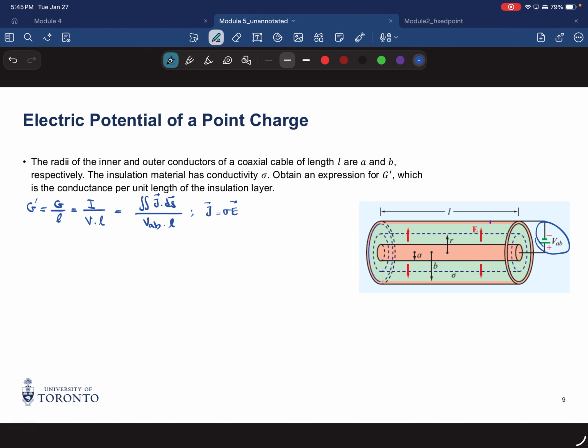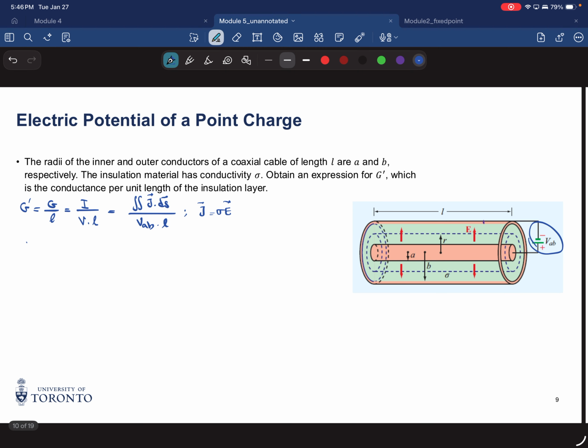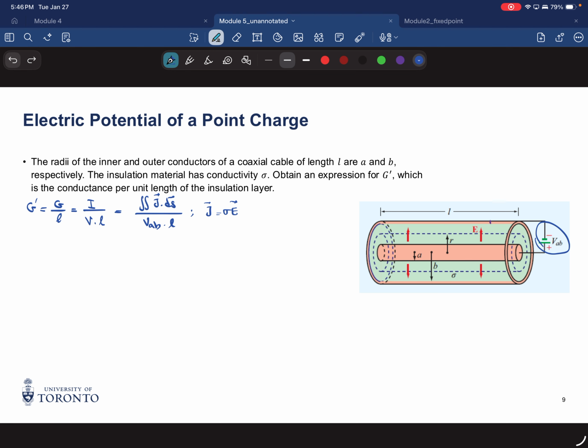It doesn't look like it, but remember, when you have the voltage difference between two equipotential surfaces, it's like you have two boundary conditions. And remember that when we had two boundary conditions, we would solve Laplace's equation. So here we can say E is minus gradient of V. So I need to find V basically.